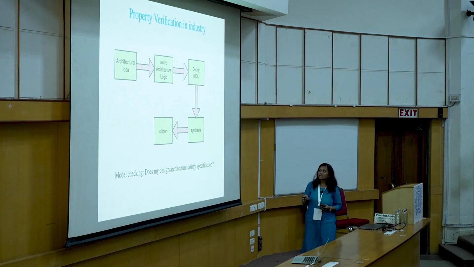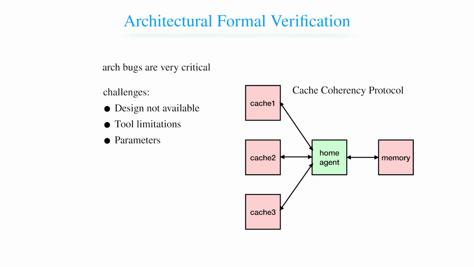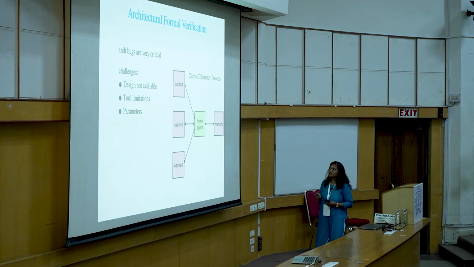Recently it has also started with architectural formal verification. For example, I'll give you a very basic example. It is very popular in protocols, like cache coherency protocols. If there are n caches, they all want to access memory, and this memory is guarded by some homing agent.